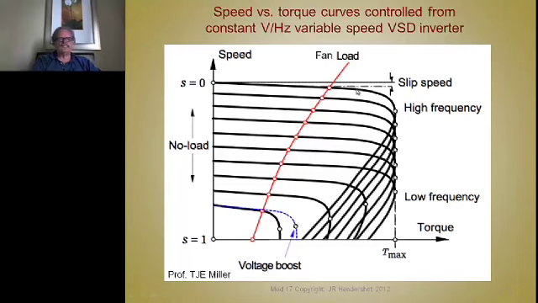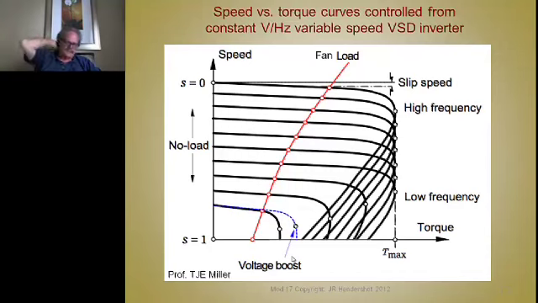And the reason is because we've kept the ratio, we reduced the voltage as we reduced the frequency to keep that ratio constant. So the slip is always constant, except when you get to real low voltage. Now that constant ratio doesn't work anymore. The torque begins to drop off, so you have to give it a little voltage boost down there.